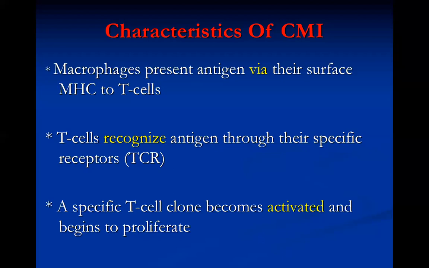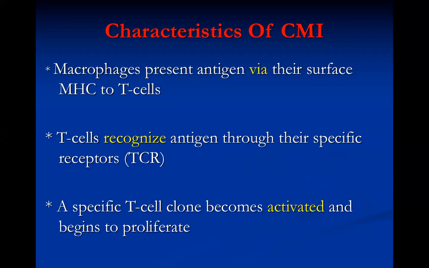So macrophages, once they recognize the antigen, phagocytose it, process it, and some of the processed antigens are expressed on the surface of these macrophages, bound onto major histocompatibility complex molecules. Then the T cells are able to recognize it. One thing you need to note is that T cells are the ones which require the antigens to be presented to them bound to major histocompatibility complex molecules, not B cells.